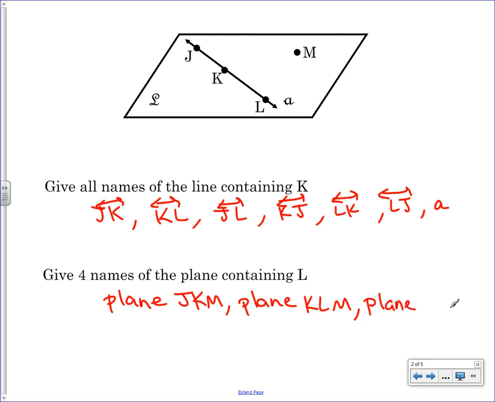JKL is the one that's not okay. Is that what you said again? We could say JLM. Sure. And we can also call it plane capital cursive L. Is that an L? That's an L, right, on yours? Yeah, that's an L. All those are fine.